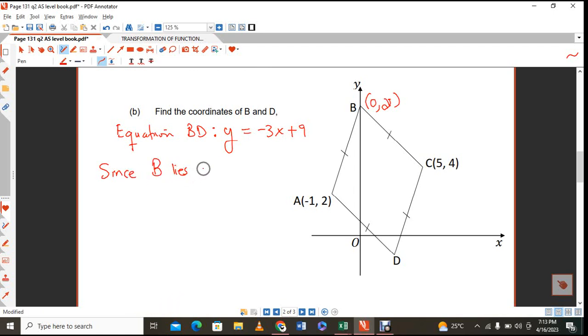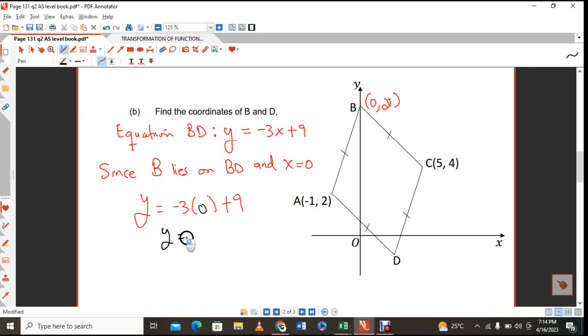Since x equals 0, we can calculate that y equals negative 3 times 0 plus 9, where the x value is now 0.